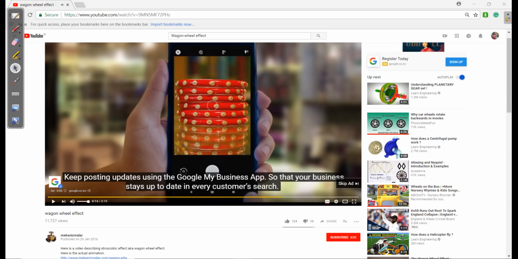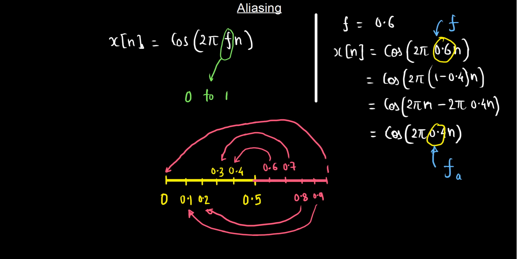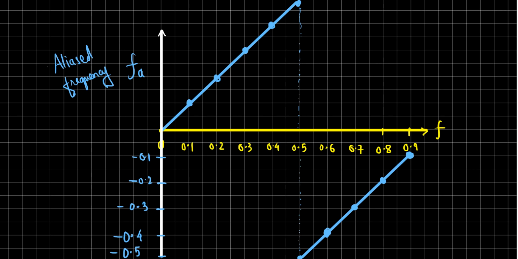As the car speed increases and the wheel rotation exceeds 0.5, it appears that the wheels are rotating backwards. Therefore, the rotation goes in negation. So that's the physical significance of aliasing, and we actually experience that in day-to-day life.